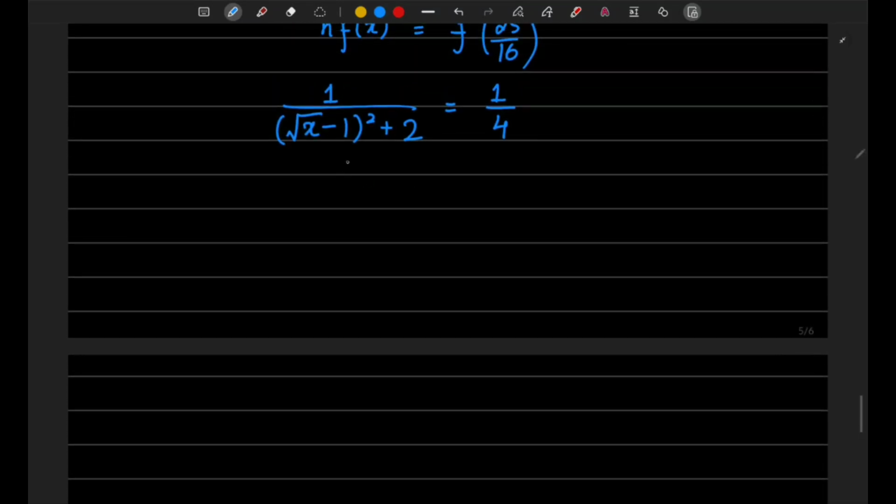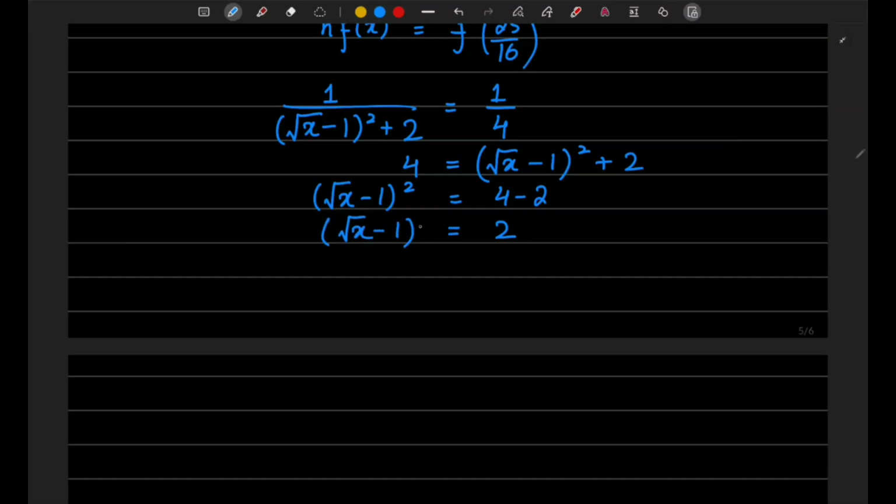We will be getting 4 equals (root x minus 1) squared plus 2. Okay, so this will give you 4 minus 2 equals 2.